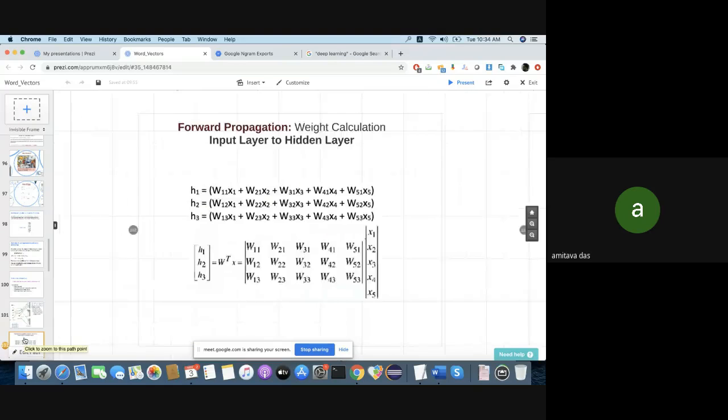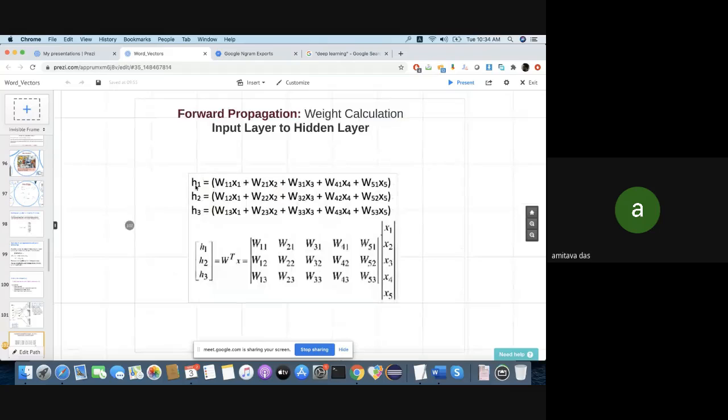What we are saying simply is that the hidden layer unit H1 will be getting W11 X1 + W21 X2 + W31 X3 + W41 X4 + W51 X5. In a similar way H2 and H3 can be calculated, and simply we can rewrite this vector as W transpose X, where W is the matrix of these weights, and its transpose is multiplied by x1, x2, x3, x4, and x5, which is the input layer.